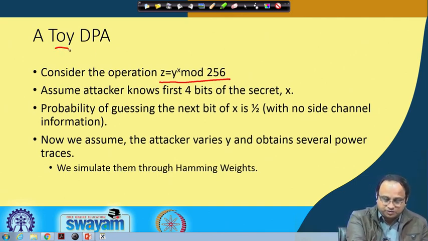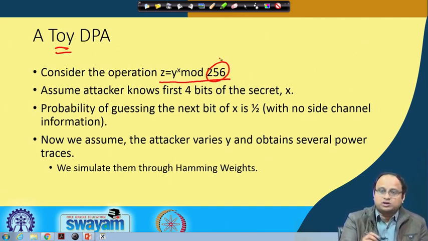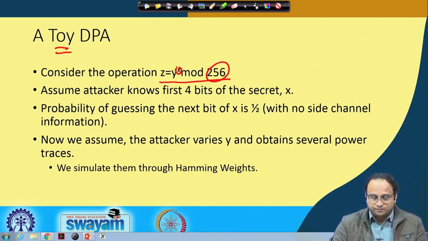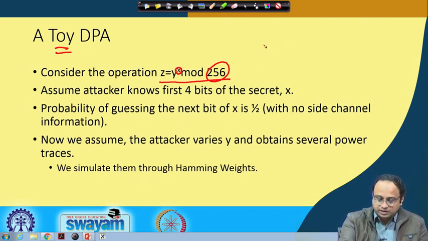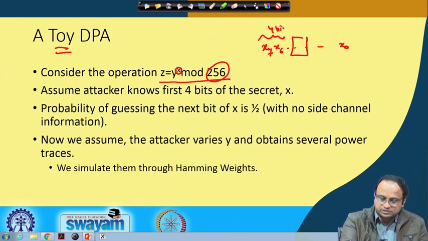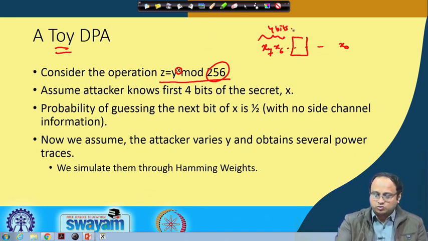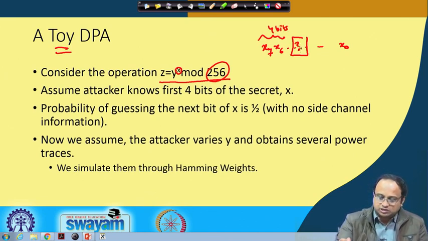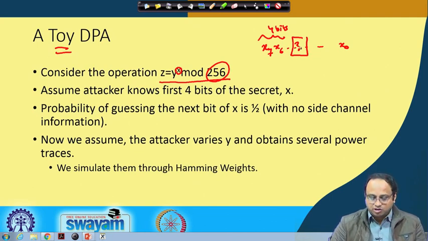Again, this is a toy example, so 256 is really a small number for practical settings, but imagine that I want to know this x, and assume that x is also an 8-bit value, and assume that the attacker can start with x7, x6 and so on till x0, and suppose it knows the first 4 bits of x. So the attacker knows the first 4 bits, and again like Kocher's attack that we have seen, my objective is to guess the next bit.